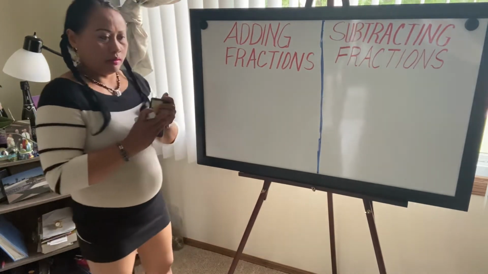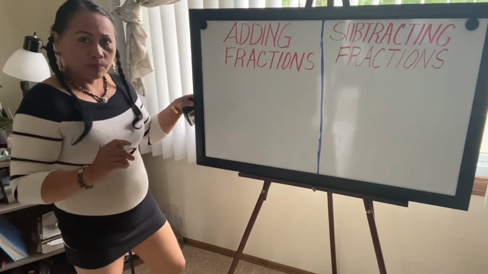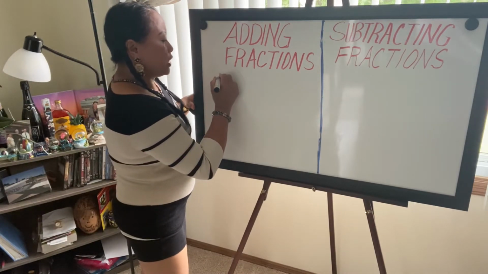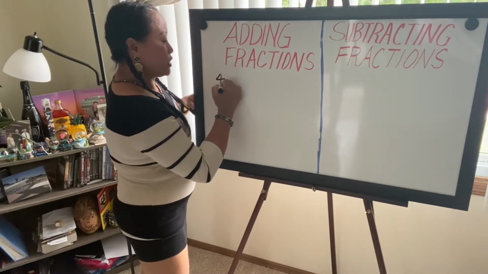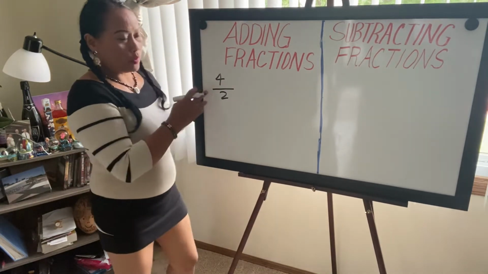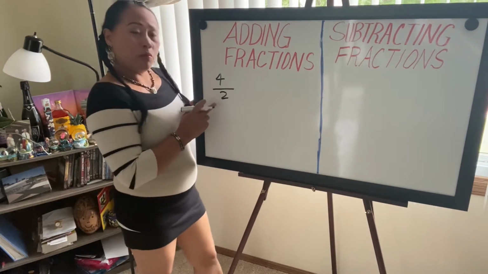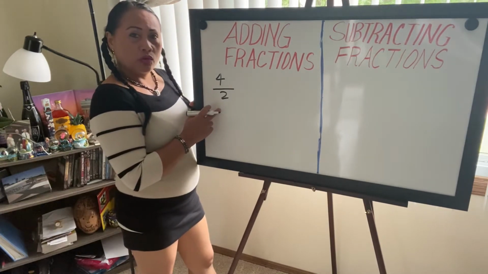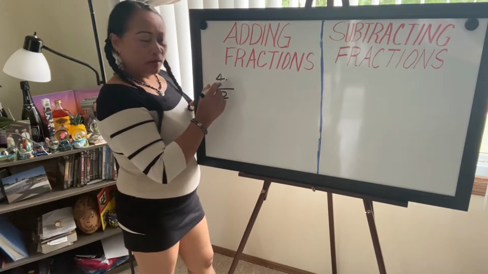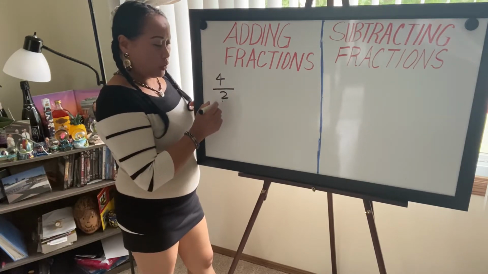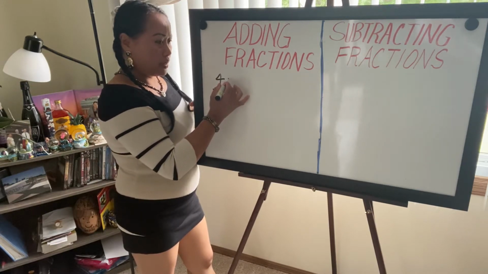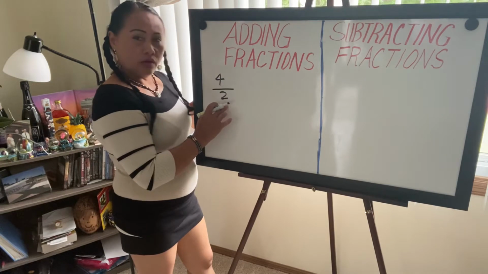And then the improper fraction is the numerator is greater than the denominator. Like for example, this one, 4/2. So, the numerator is 4 and the denominator is 2. The numerator is greater than the denominator. Okay?